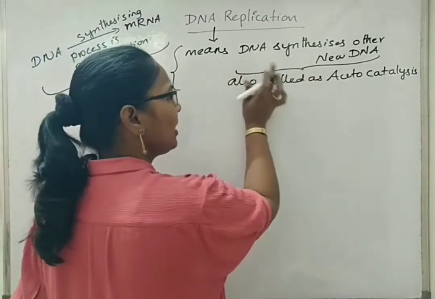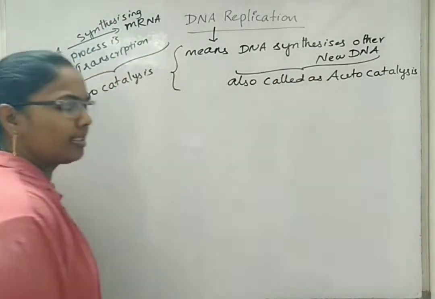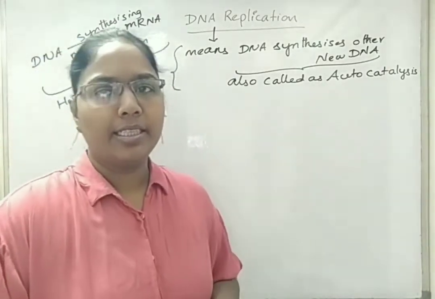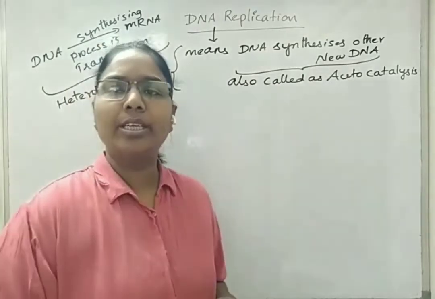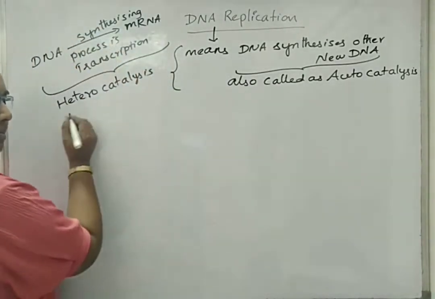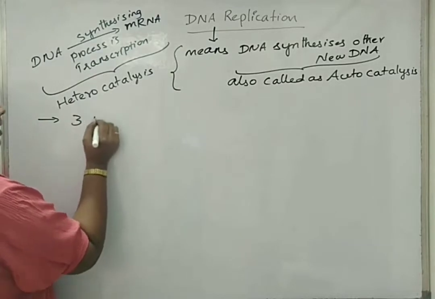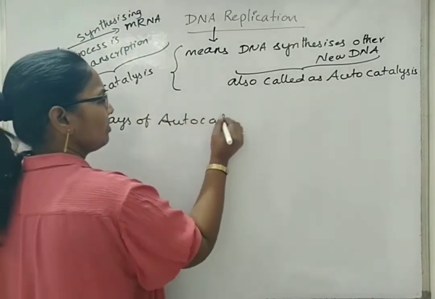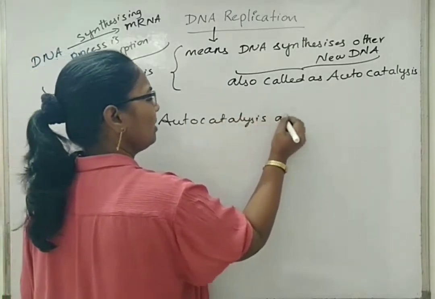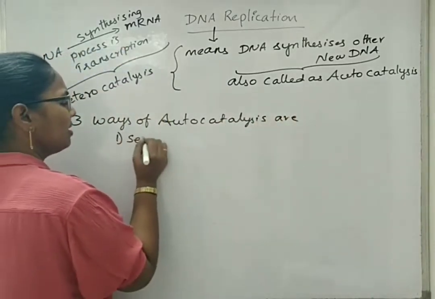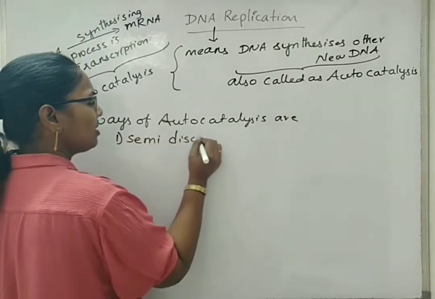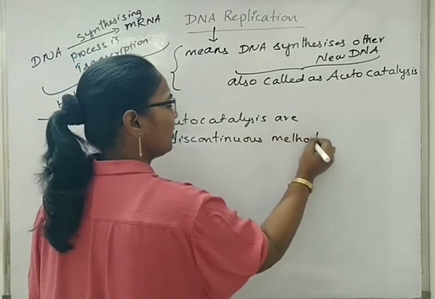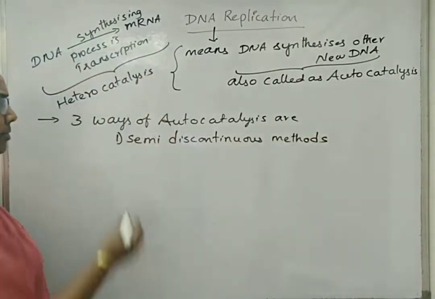Next, DNA replication is also called autocatalysis. There are many processes of making a DNA new copy from the existing old DNA strand. The 3 ways of autocatalysis are: one is the semi-discontinuous method in which Okazaki fragments are formed.